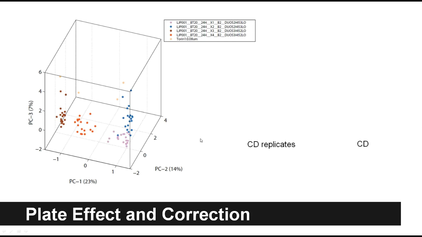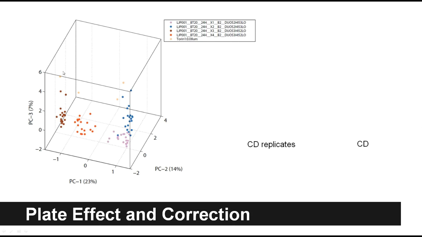Remember, the Broad places the replicates of the same experiment in different plates, and each plate has its own controls. So although the controls of different plates are biologically exactly the same, there are systematic differences between them which do not reflect biology.